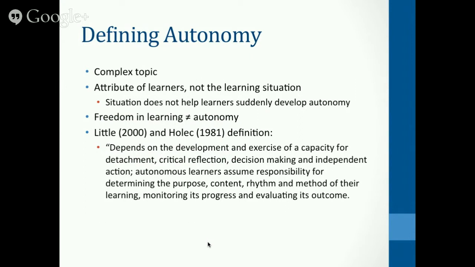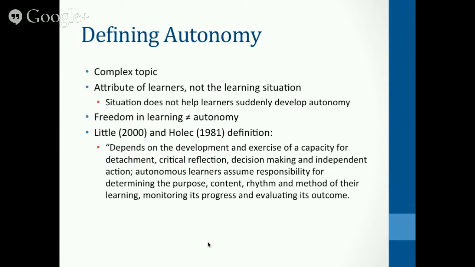So the first and most important thing to think about with autonomy is that it's an attribute of the learner. It's not something that's connected directly to the learning situation. If you dropped a learner into a situation where they had to do everything on their own, they wouldn't suddenly develop autonomy.